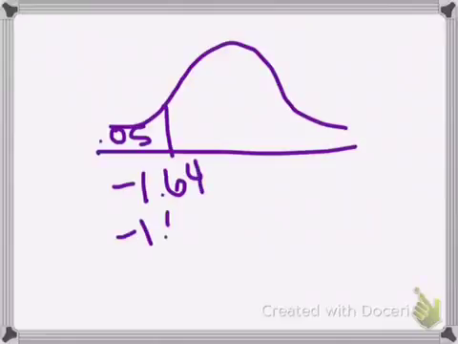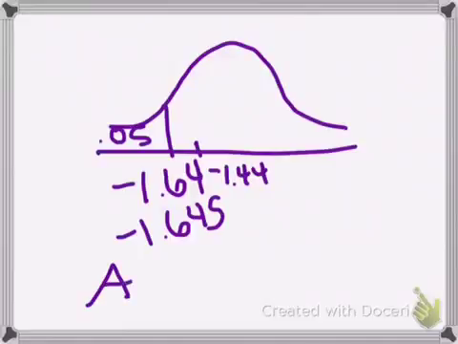If you interpolate on your table, you get negative 1.645, because 0.05 is exactly between negative 1.64 and negative 1.645. Well, our value when we calculated was negative 1.44. So it's in the clear.